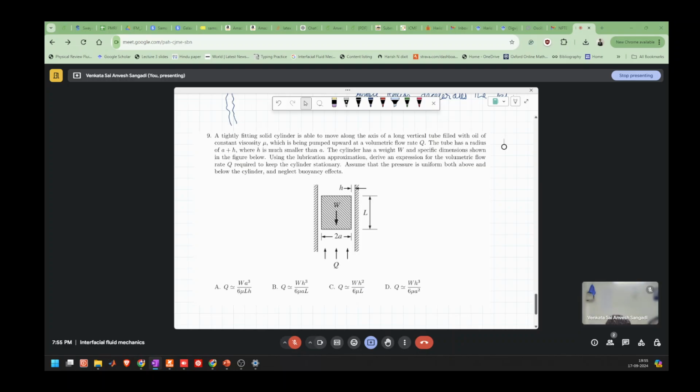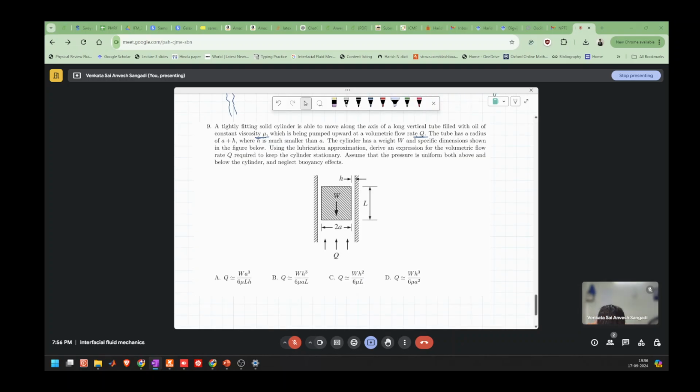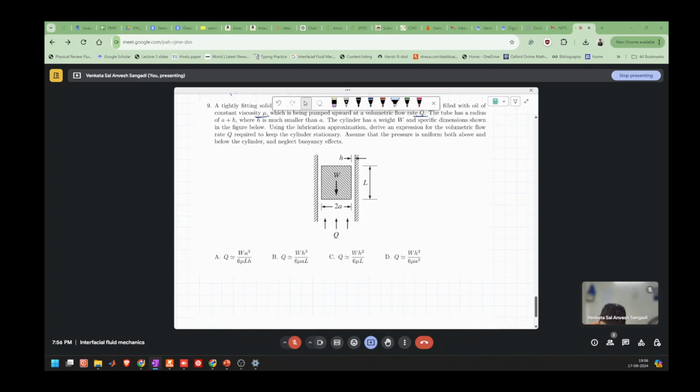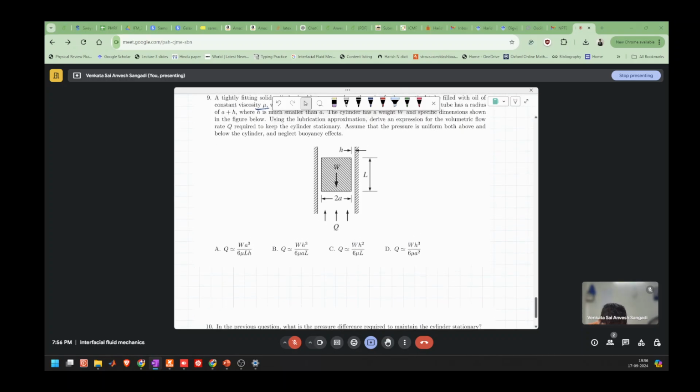A tightly fitting solid cylinder is able to move along the axis of a long vertical tube filled with oil of constant viscosity mu, which is being pumped upward at a volumetric flow rate Q. The tube has a small radius A plus h, where h is much smaller than A. The cylinder has a specific weight W, and specific dimensions as shown in the figure, which is length L and radius A. Using the lubrication approximation, derive an expression for the volumetric flow rate Q required to keep the cylinder stationary. Assume that the pressure is uniform both above and below the cylinder.